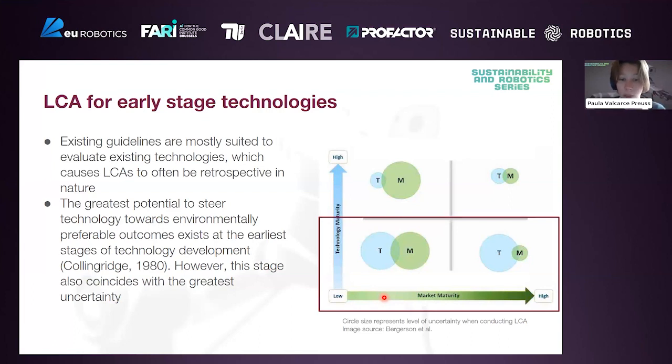So we're developing completely new things. And the circle sizes on this graph represent the uncertainty. So if we have a low technology maturity, we're going to have a big uncertainty on the technology side. And if we have a low market maturity, we're going to have a big uncertainty on the market side as well. So the higher the uncertainty, the harder it is to conduct LCA.